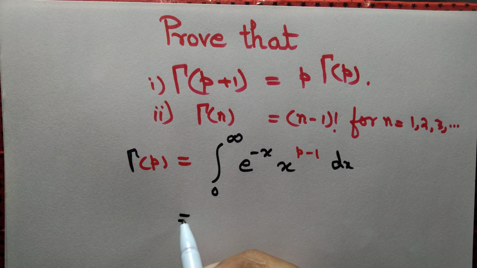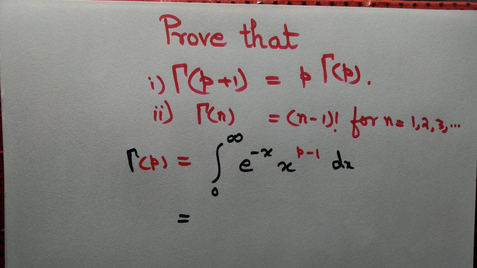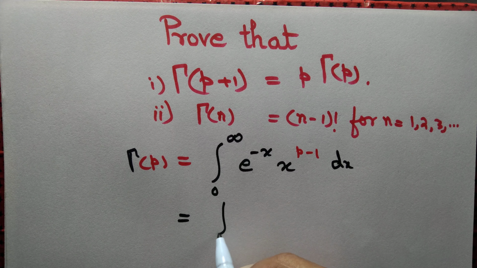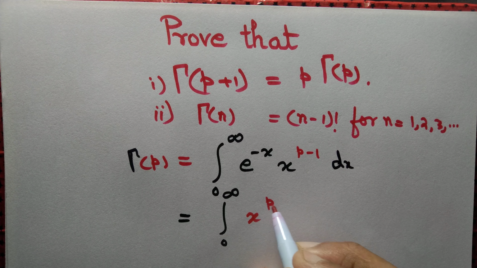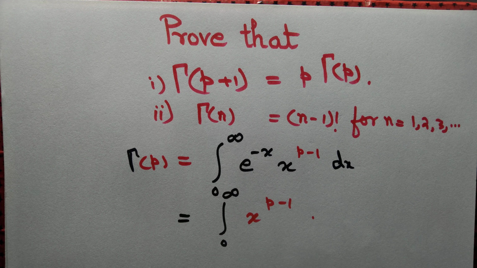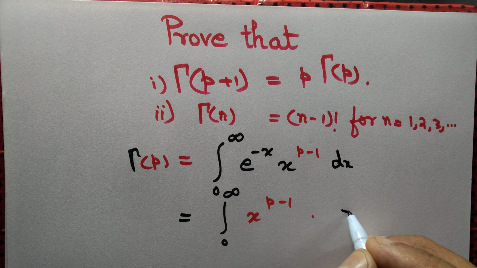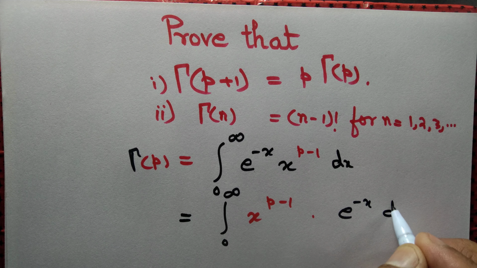Now let us apply integration by parts. We regard x to the power p minus 1 to be the first function, and e to the power minus x to be the second function.